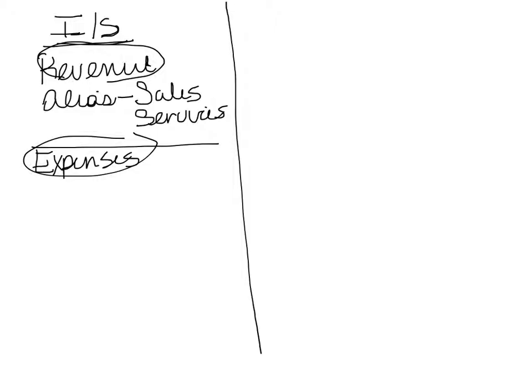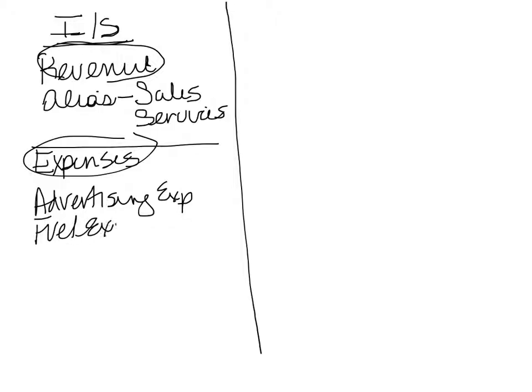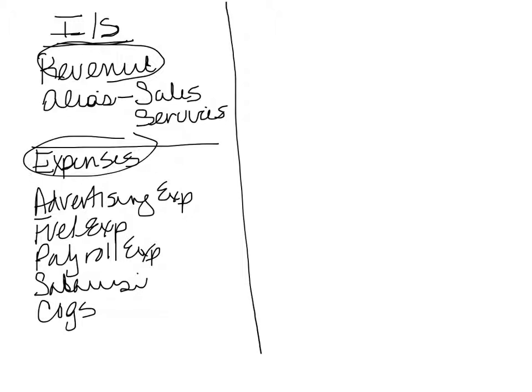On that page, we have advertising expense, fuel expense, payroll tax expense or taxes expense, salaries, cost of goods sold, which is when we sell inventory. You'll learn that later on. We have rent. All of these are examples of expenses.